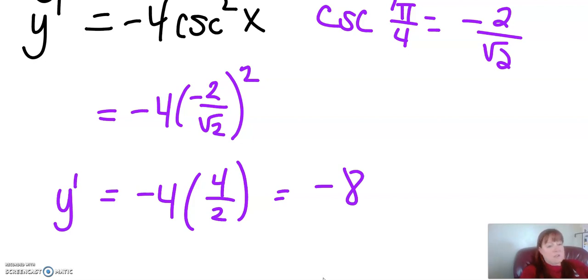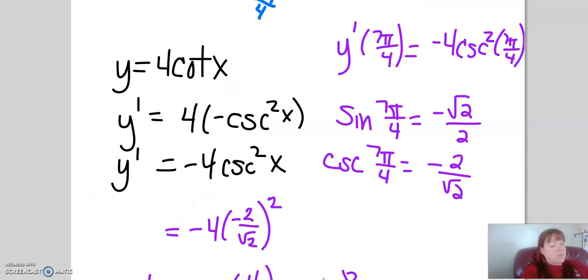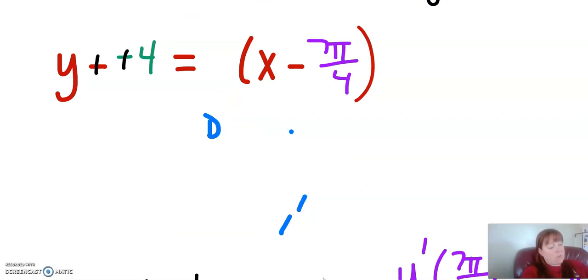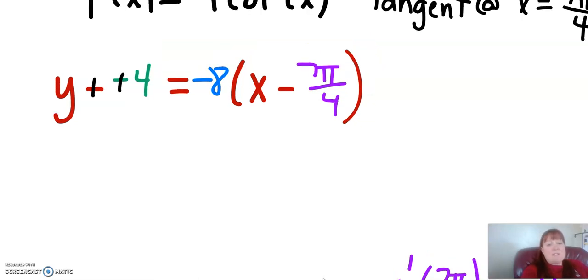It told us that the slope of the line at the point 7 pi over 4 is negative 8. The derivative at that point is negative 8. So I can replace the slope with negative 8. This is the equation of a line that is tangent to the curve 4 cotangent x at the point x equals 7 pi over 4.